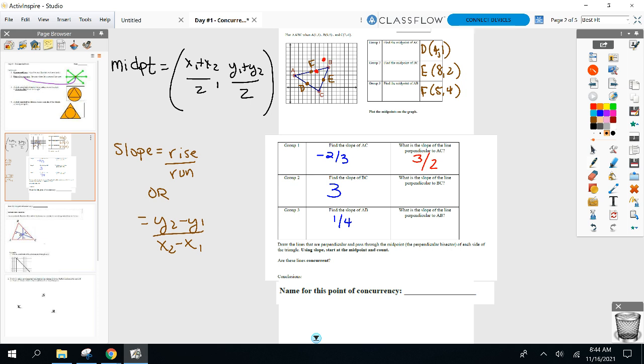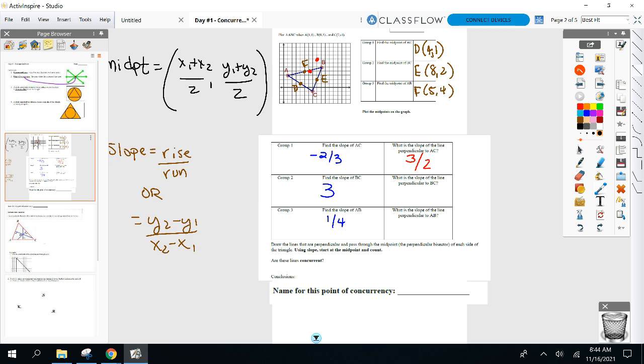Grab whatever straight edge you have right now, and draw your line through. Everyone has that line in.